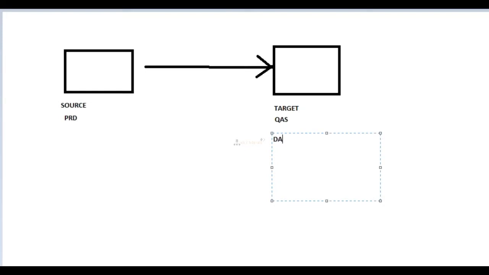First one is my database data, correct? Means business data. Other than that, production users also will be copied, correct? User master record.